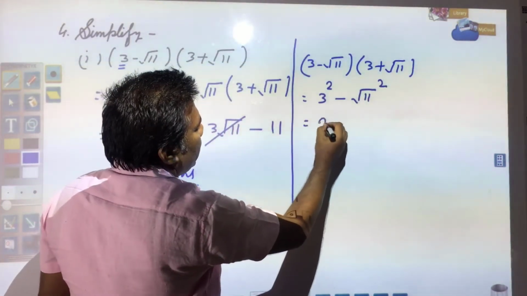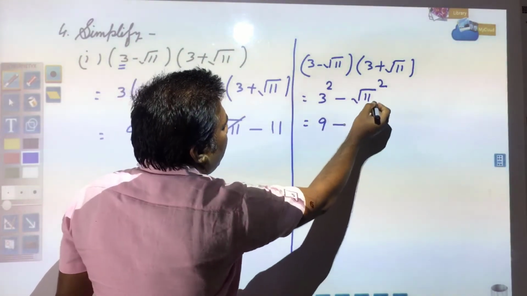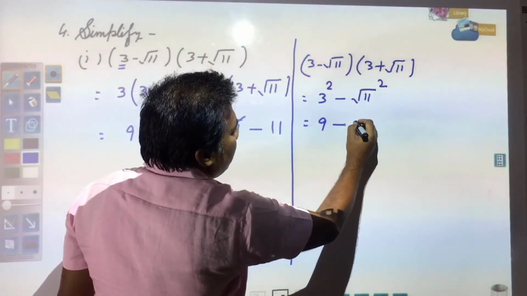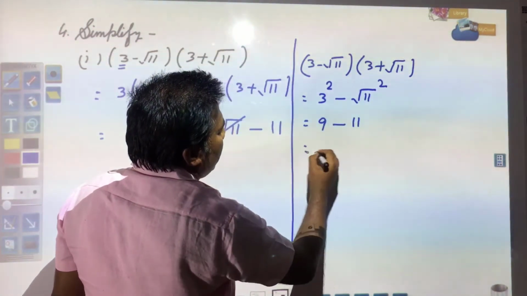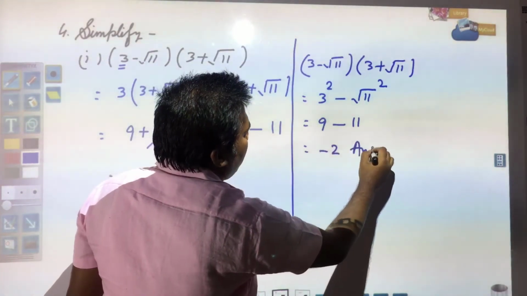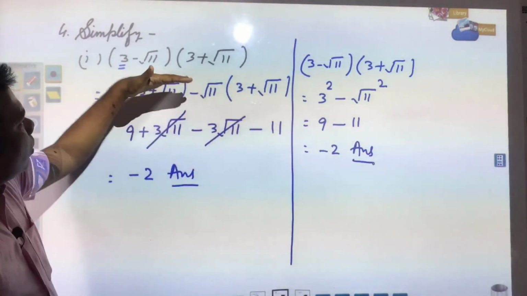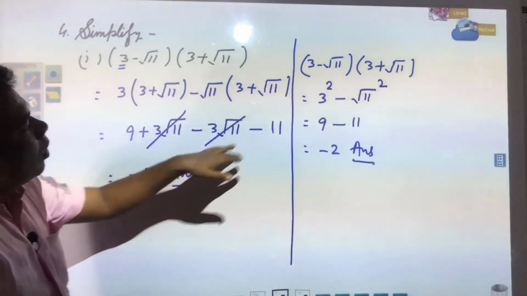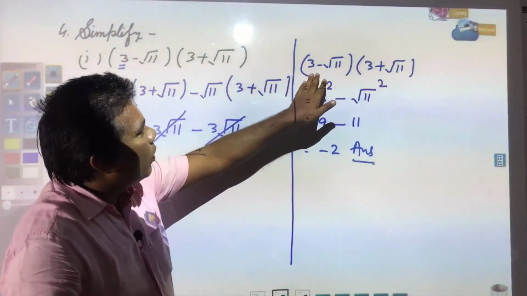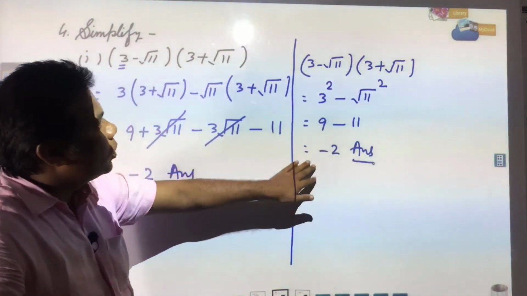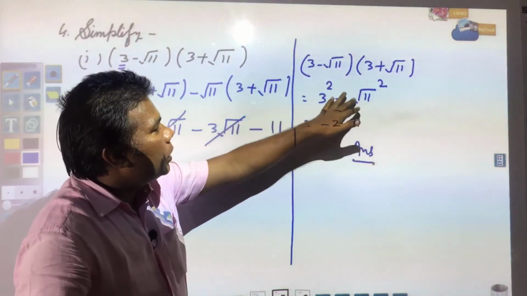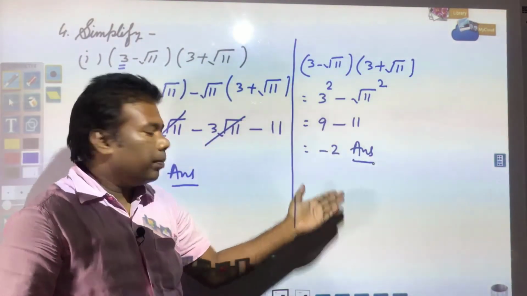So, 3 square is equal to 9, minus root 11 square is equal to 11. So, you will get minus 2. This is your answer. So, either you simplify in this way, or in an easier way, if you want to use the formula, the formula can be used and simplified.